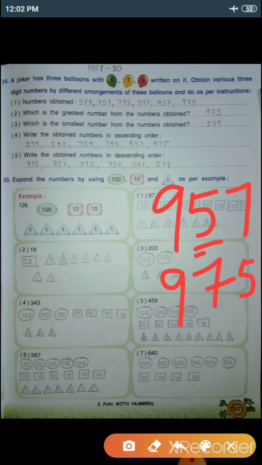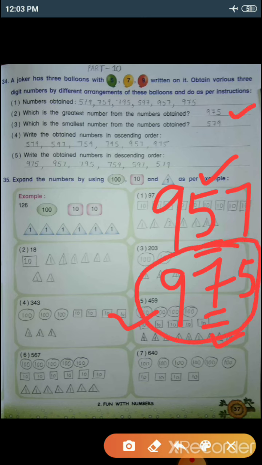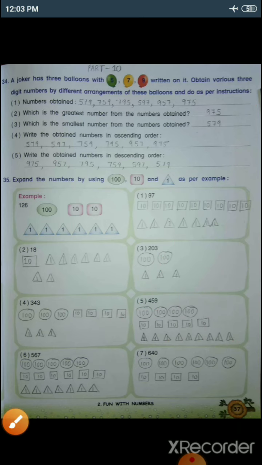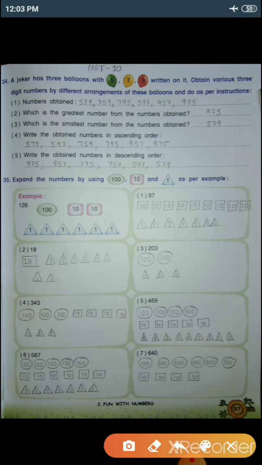Now we concentrate on the second digit. Tell me, is 5 greater or is 7 greater? Yes, 7 is greater. So 975 is the greatest number. This type of sums we had done earlier.